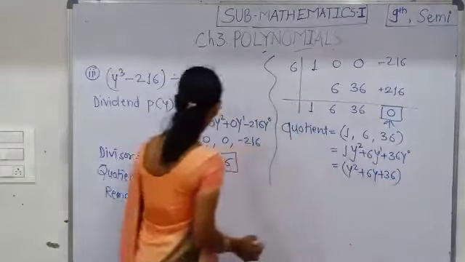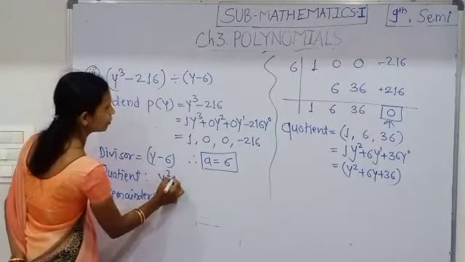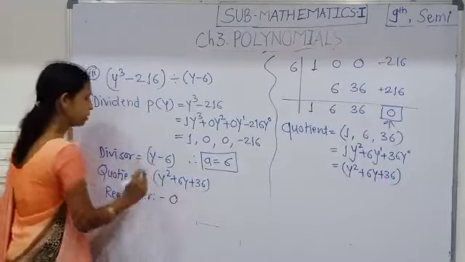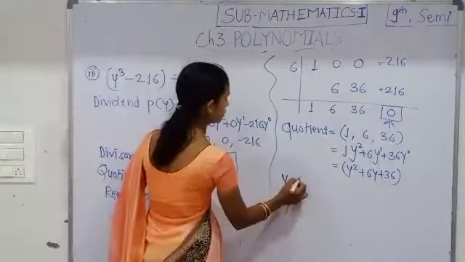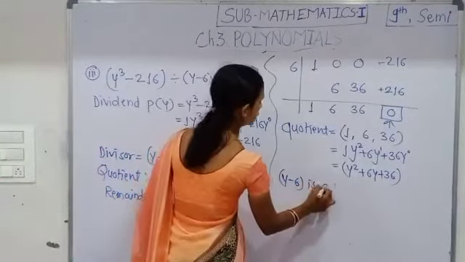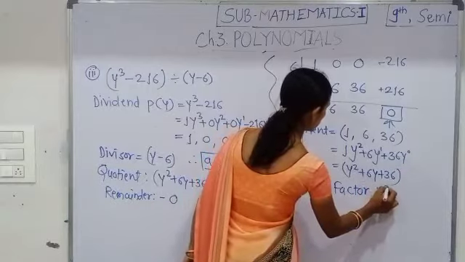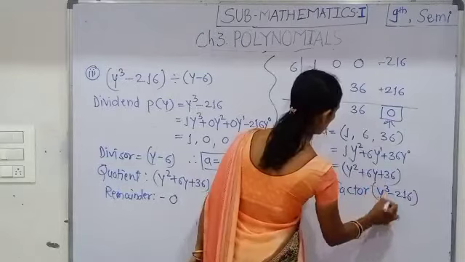That means here we got the quotient, that is y square plus 6y plus 36. Then here the remainder is 0, therefore y minus 6 is a factor of the dividend, that is y cube minus 216.